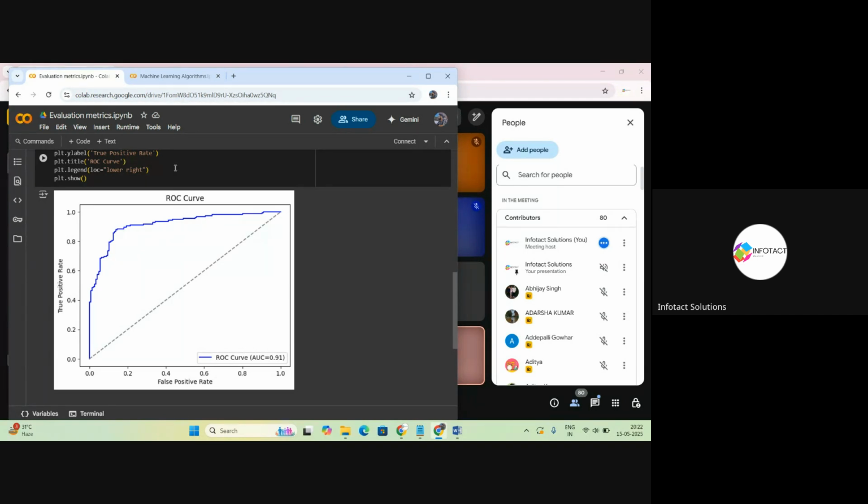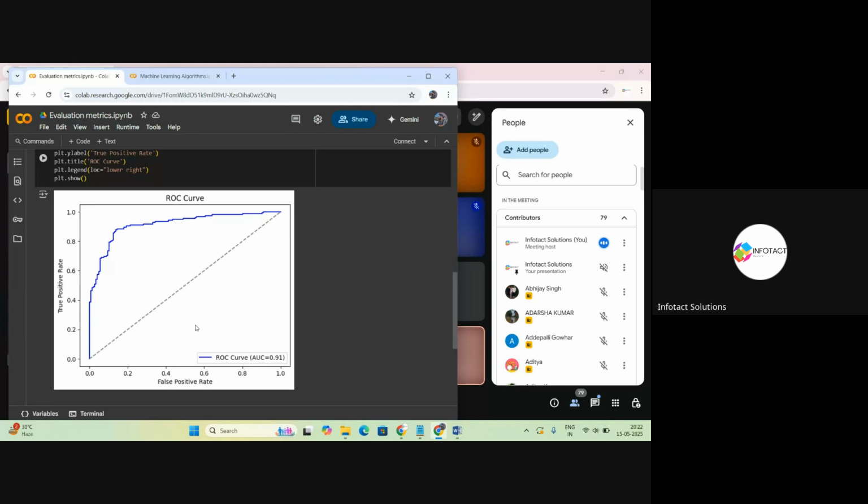So here, a model with perfect classification has an ROC curve that passes through the top left corner, between 0 and 1. Okay. And a model that randomly guesses has an ROC curve close to the diagonal, that is the y equal to x line.